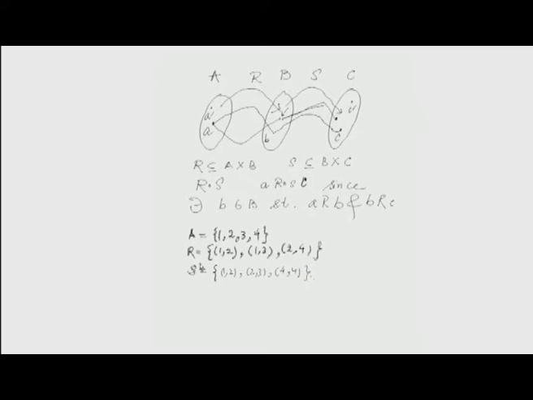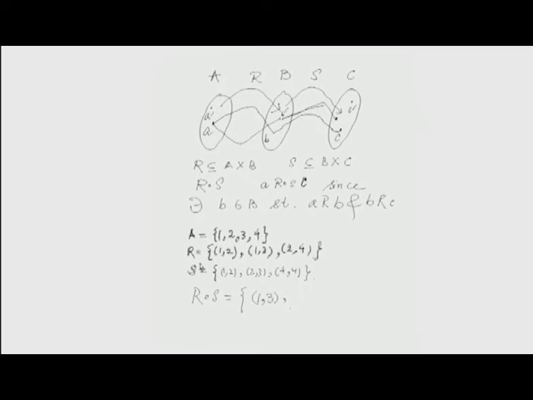Then we have to compute R composition S. How to do that? I start with 1. I go to 2, yes, 1 is related to 2. Now, we see in S whether 2 is related to anything, yes indeed 2 is related to 3. So, I write (1,3), which is an element of R composition S. Now, is there anything else?